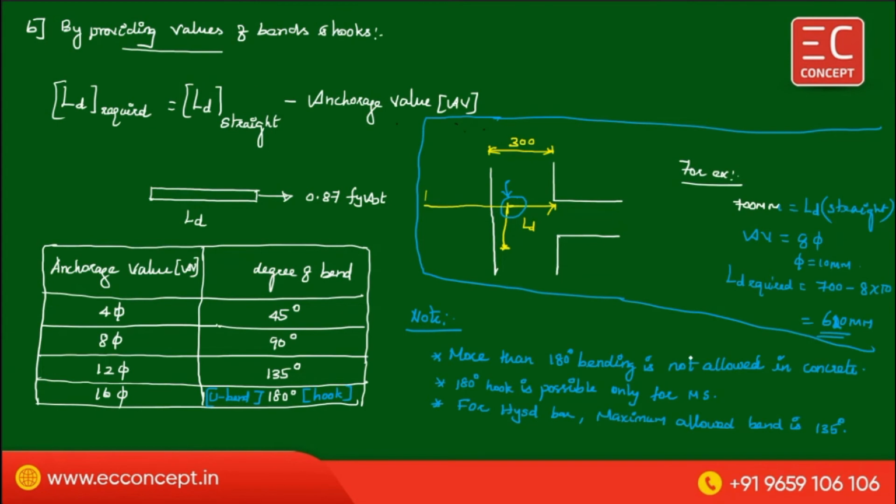For a 90-degree bend, it is 8 times the dia. For a 135-degree bend, 6 times the dia. For a 180-degree bend, 4 times the dia. This you also have to keep in mind. This is the anchorage value for stirrups.